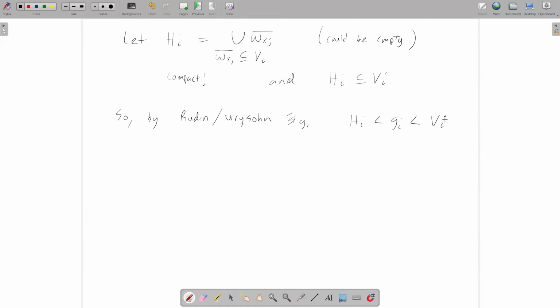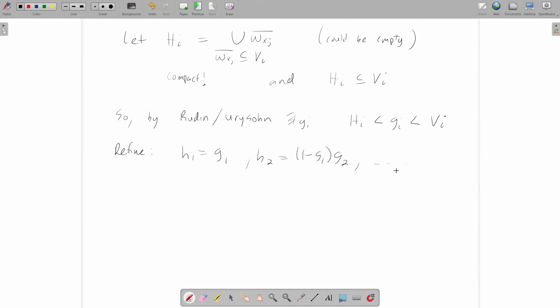Now define h1 to equal g1, and h2 is going to be 1 minus g1 times g2.